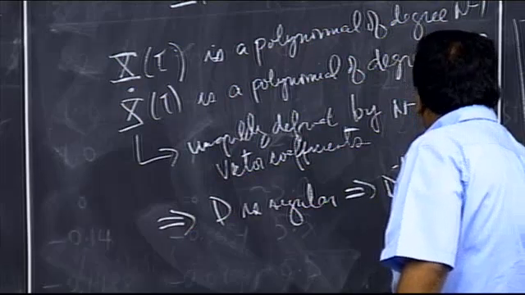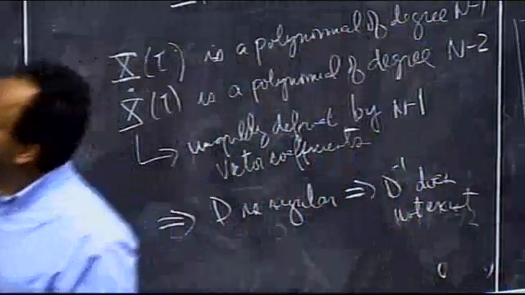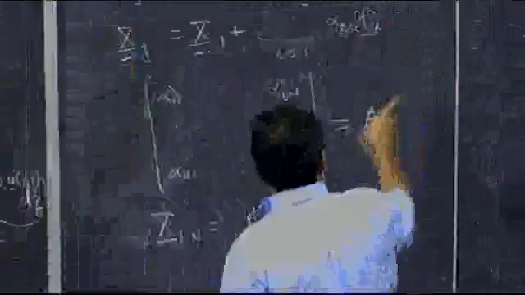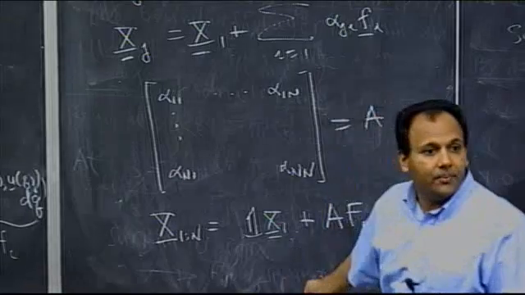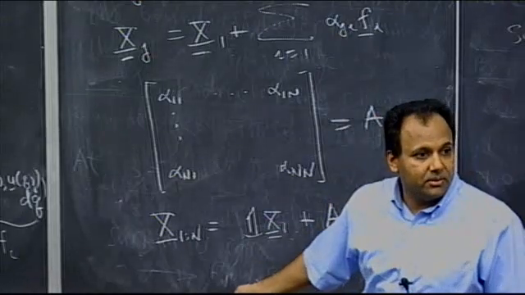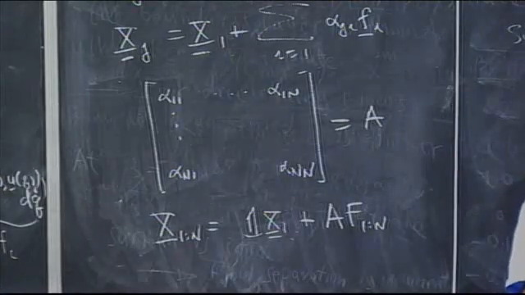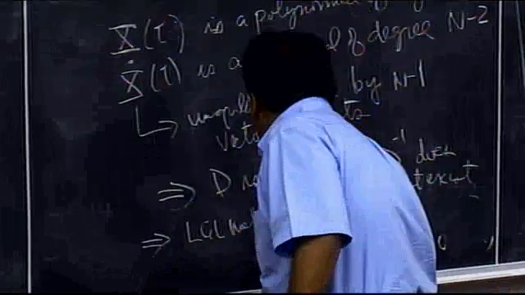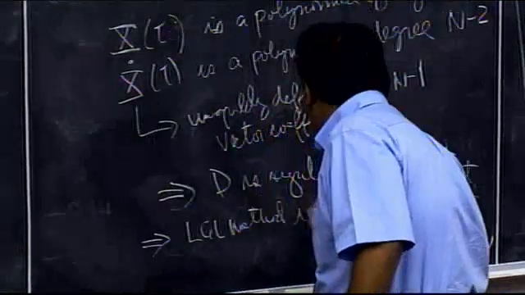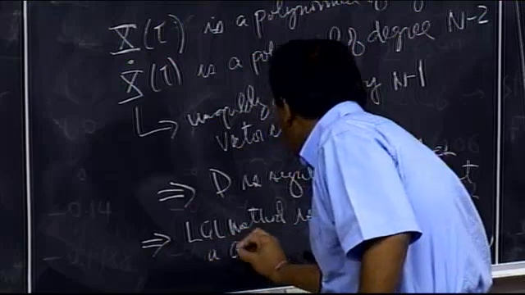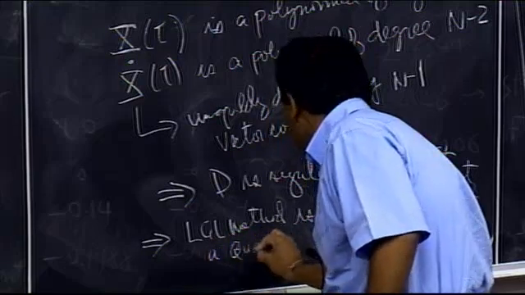So even if I wanted to invert this system to get it to kind of look like what I had in this system over here, I can't do it because D inverse doesn't exist. It's not invertible, which means that the LGL method is not a Gaussian quadrature. It's not a quadrature method.